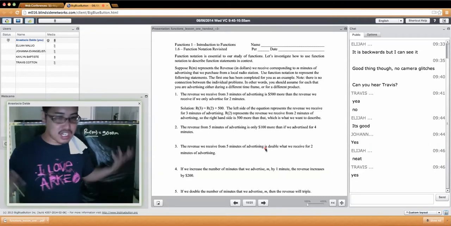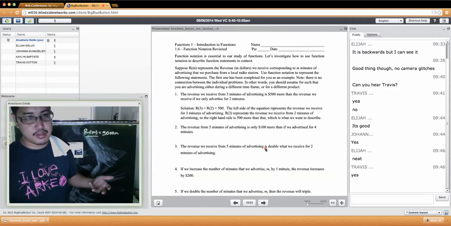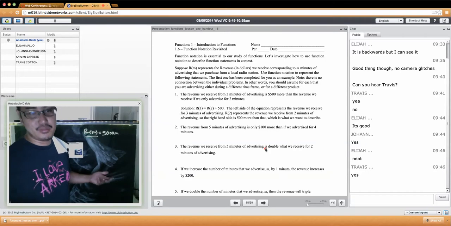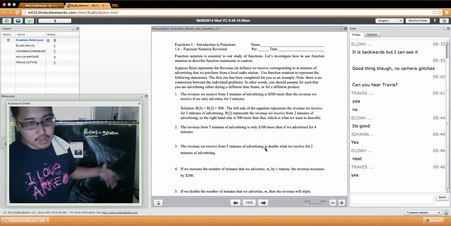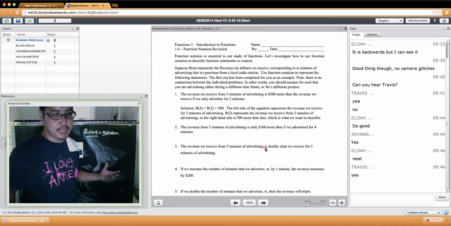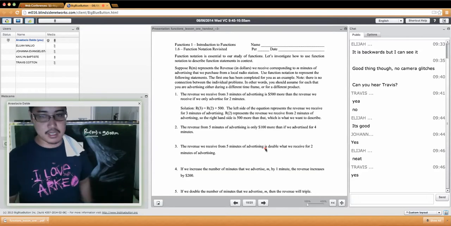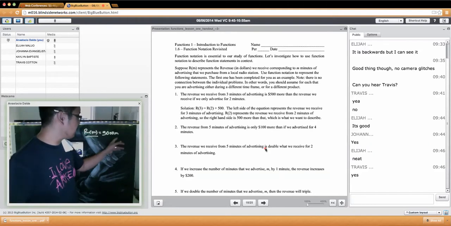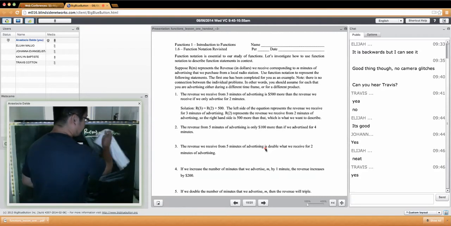Or let's make this a high school football game, because you get a lot more revenue for 1 minute of advertisement on the Super Bowl. So I'm a high school football game TV broadcaster, and I say if you advertise for 1 minute, you get $3,000 back. Sound good? So this is the function that we plug it into. We don't necessarily know what that function is, so we just leave it as R(M).